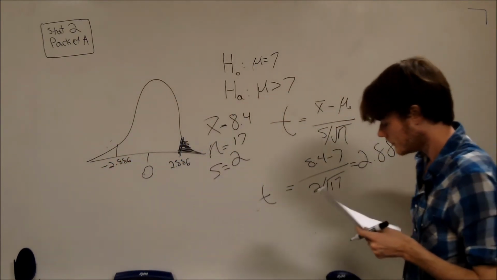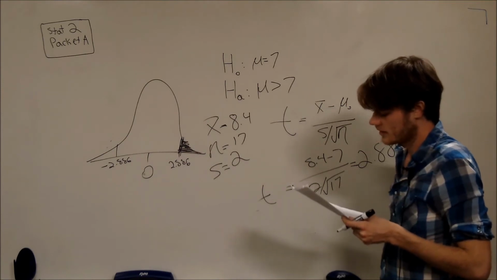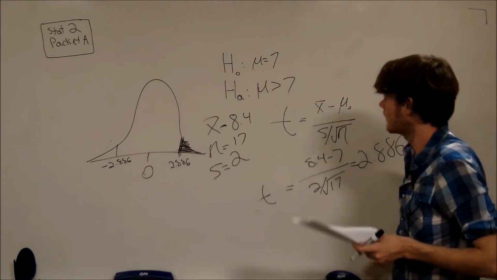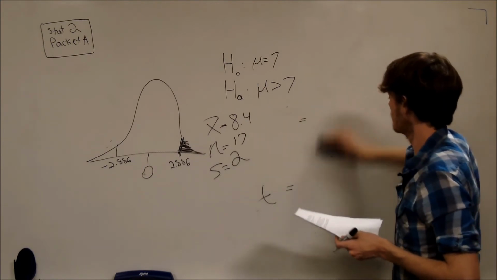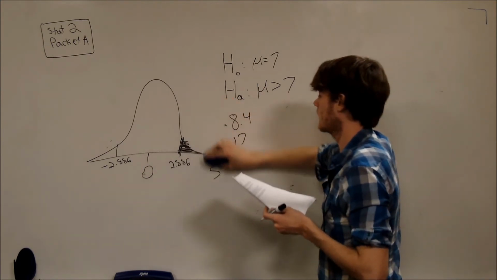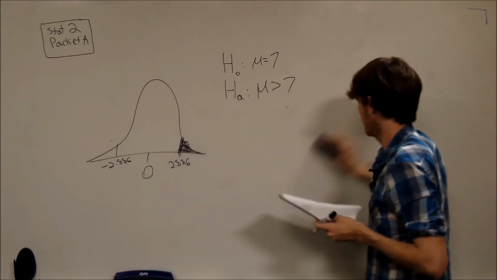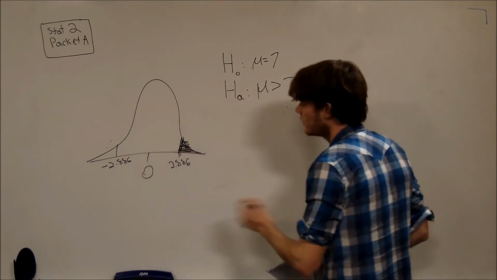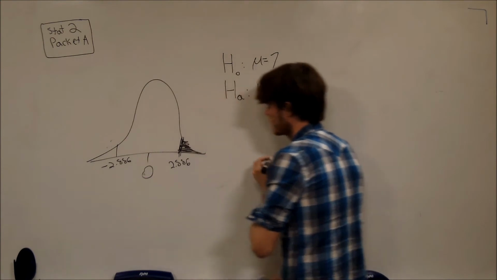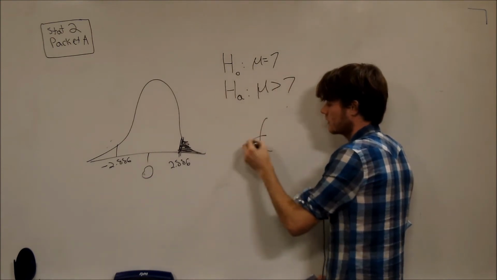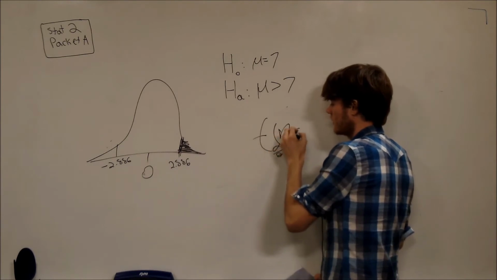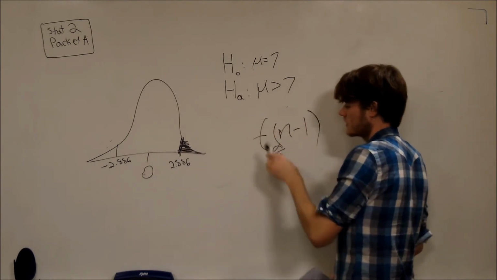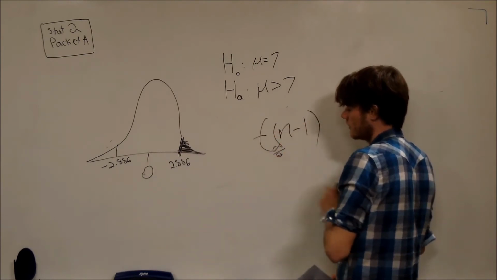Now, in order to see whether or not our p-value is greater than or less than, what do we have to do? We have to compare it to the table value, which is, remember, t of alpha over 2 of n minus 1 degrees of freedom, because the t always has n minus 1 degrees of freedom.